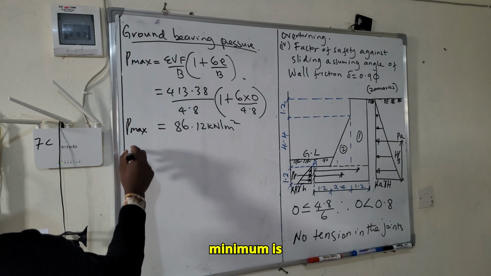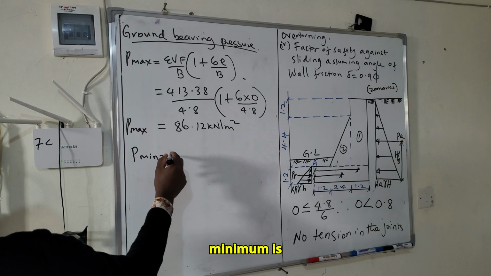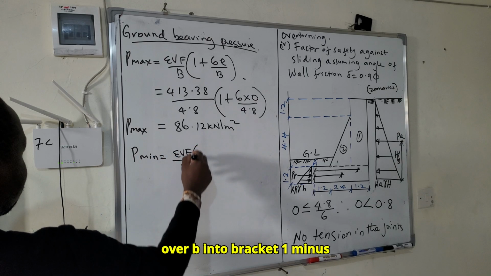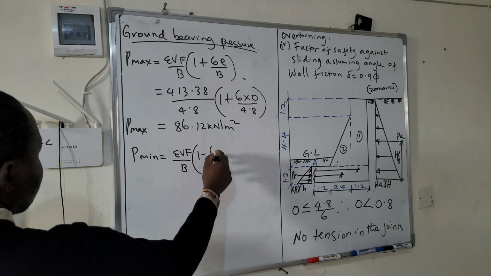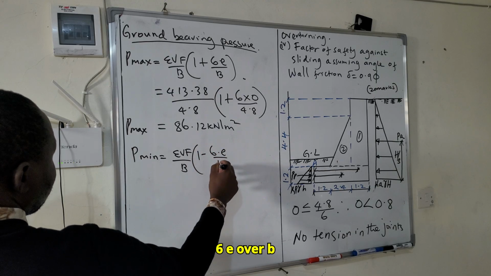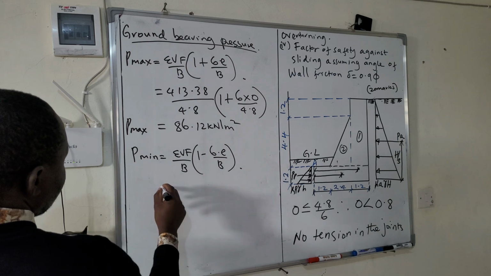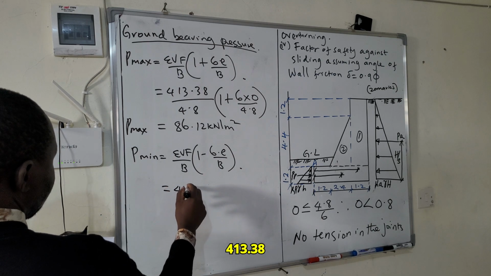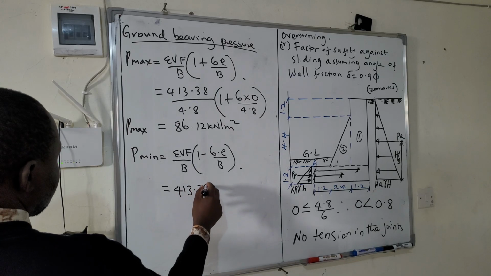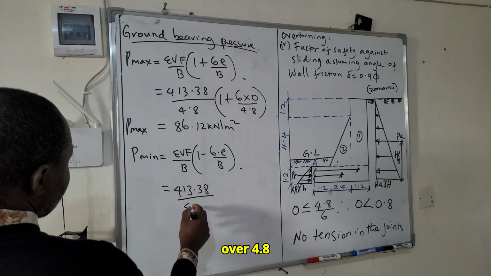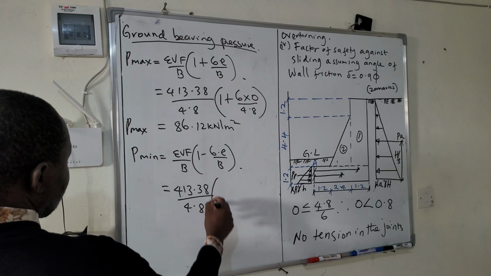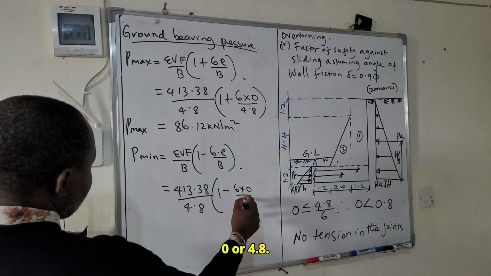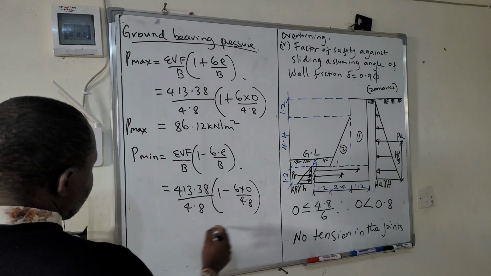So P minimum is equal to summation of vertical forces over B into bracket 1 minus 6E over B, which is 413.38 over 4.8, times 1 minus 6 times 0 over 4.8.